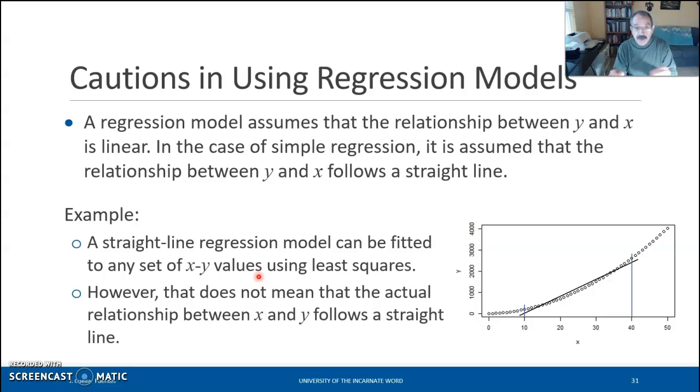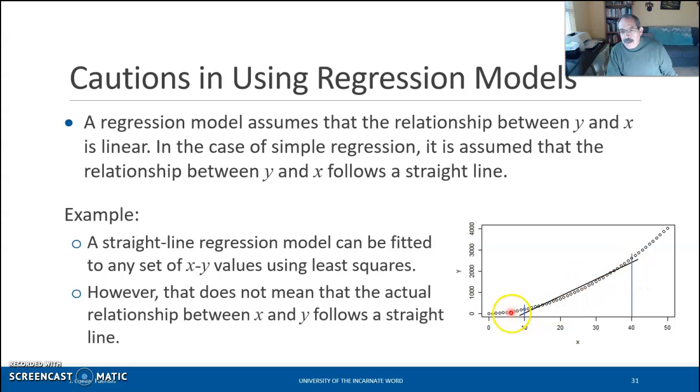Very specifically, for simple linear regression, you're assuming that y depends on x linearly, in other words, that the dependency follows a straight line. A straight line model can be fitted to any data. Whether the data is straight or not, the numbers will produce some estimates.